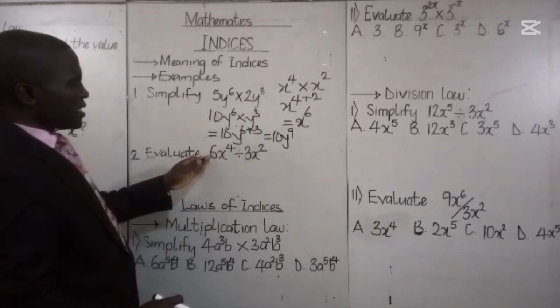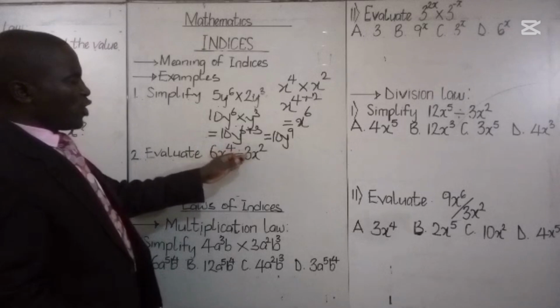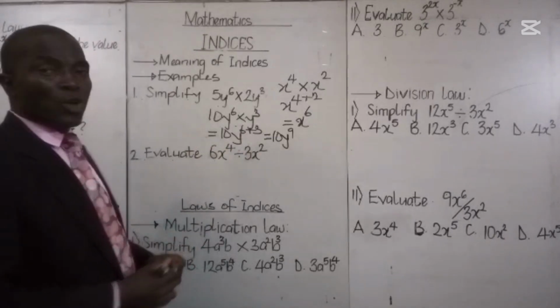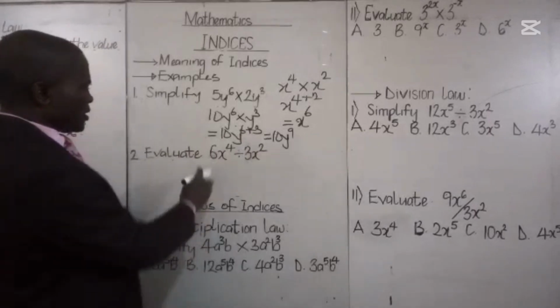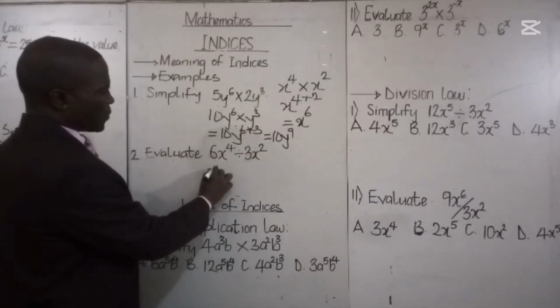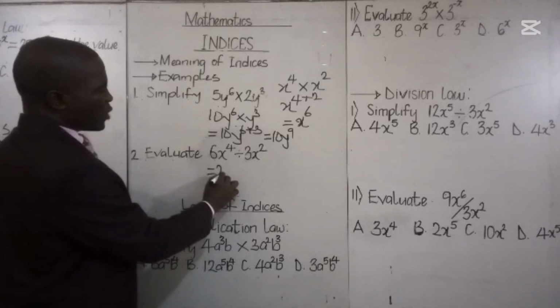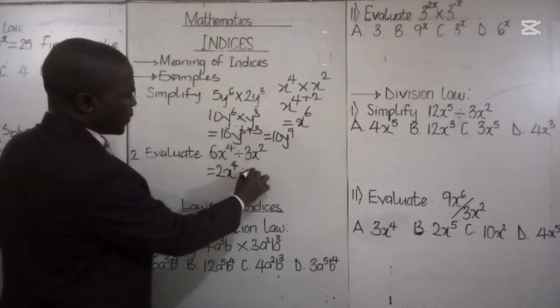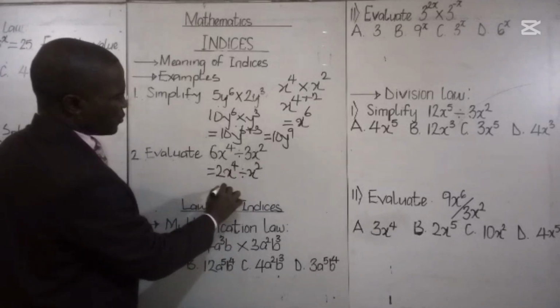Here is 6x raised to power 4 divided by 3x raised to power 2. Still, we are going to consider the whole number first. That is to say, 6 divided by 3, it will give us 2. Then x raised to power 4 divided by x raised to power 2. Then we proceed.